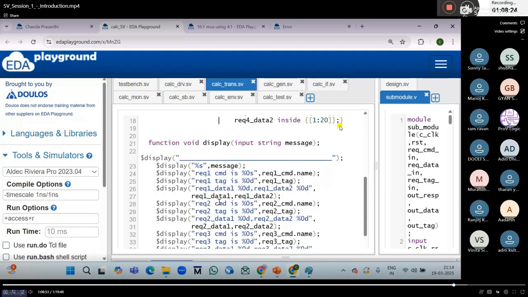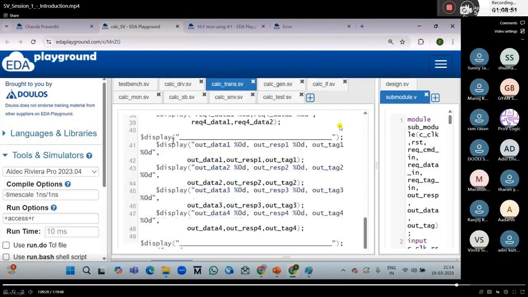Don't worry, you will learn every concept from scratch. From day 1 onwards, whatever concept you are learning, every concept is used in this whole testbench. Every concept is important. By using all those concepts, we write the program here.